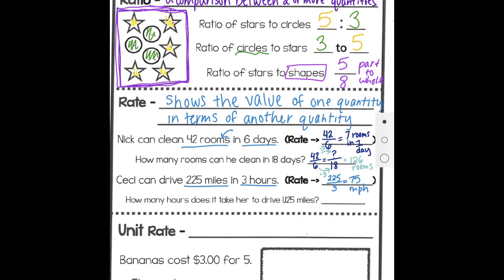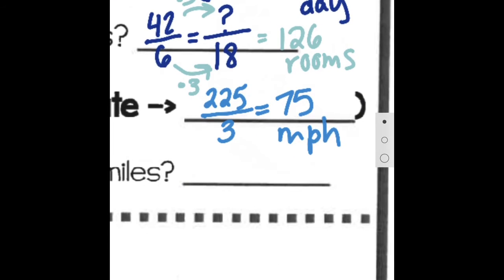So how many hours does it take her to drive 1,125 miles? Well, we know 75 miles will be 1 hour. And we want to get up to 1,125 miles. So we want to figure out what to multiply 75 by to get 1,125.